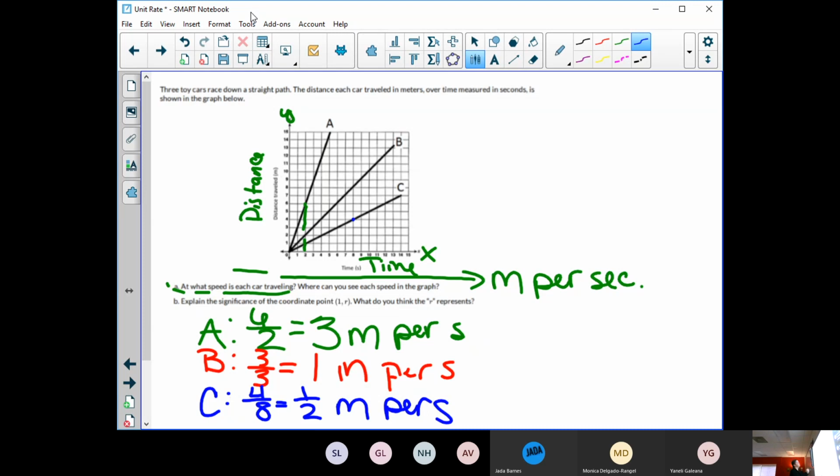So remember that our distance is our y value. So A is at the very top of my graph. And I'm just going to trace that line all the way down. So when car A is at 15 meters, how far had car B traveled?